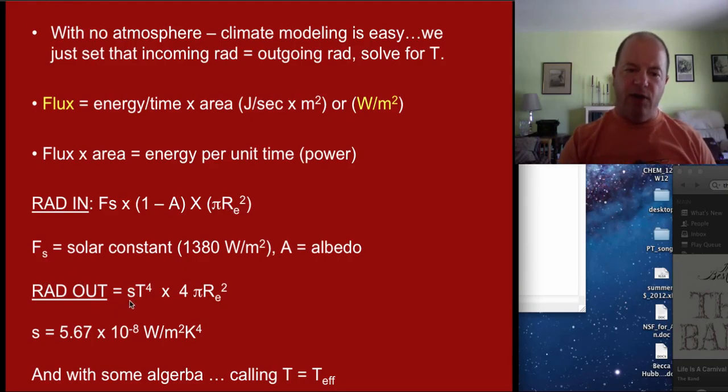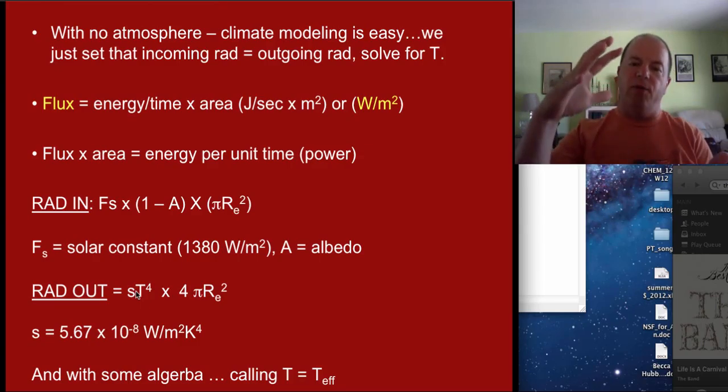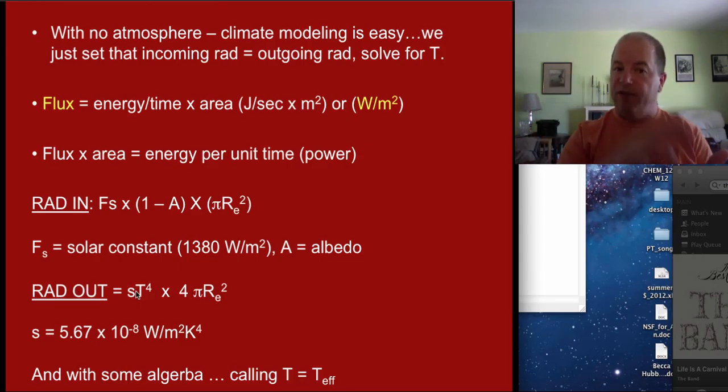Okay. The outgoing radiation, really all we can do is borrow this formula from physics, which is this constant S times temperature to the 4th power. S has this value here, roughly 5.7 times 10 to the minus 8 watts per meter squared, Kelvin to the 4th, kind of screwy. But this is just a formula that says for how hot a given object is, how much radiation will be coming out of it per unit area.